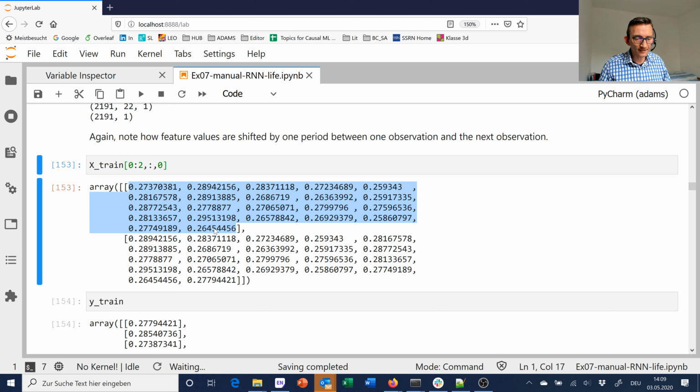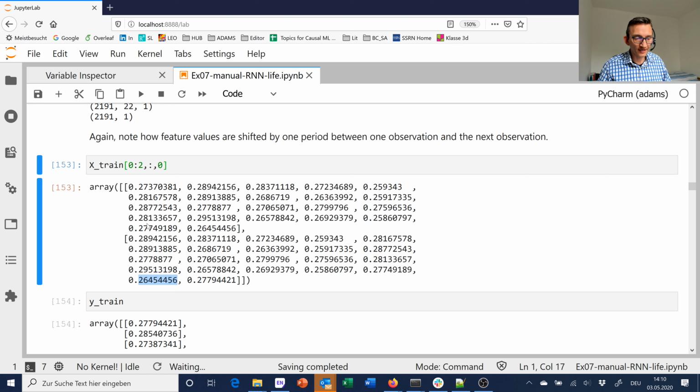And that value here, at the end of our first observation, we should be able to find it at the second to last place in the next observation's covariate vector. So 26, 4, 5, 4, 4, and indeed 26, 4, 5, 4, 4. And actually, that also works out with other observations.